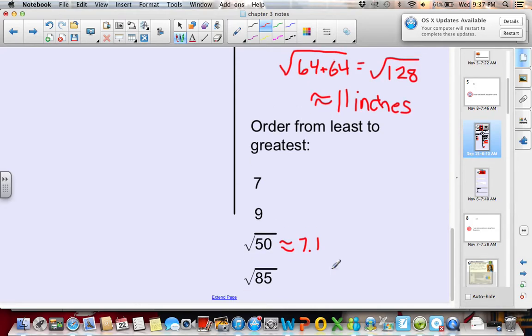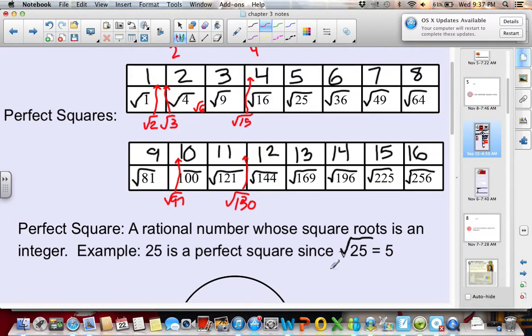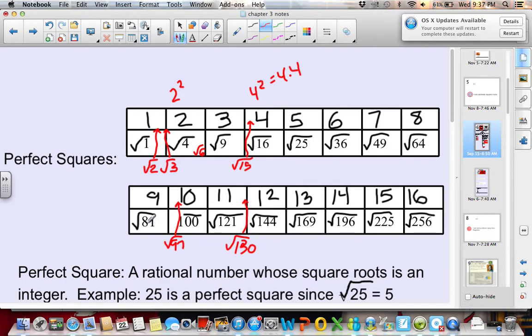Square root of 85 is just after the square root of 81. It's not as close as the square root of 50 is to the square root of 49, but it's pretty close to the square root of 81. It's greater than 9 because it's in between 9 and 10. It's going to go right about there.